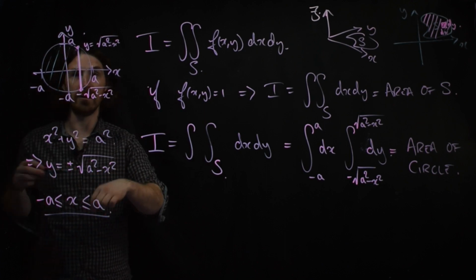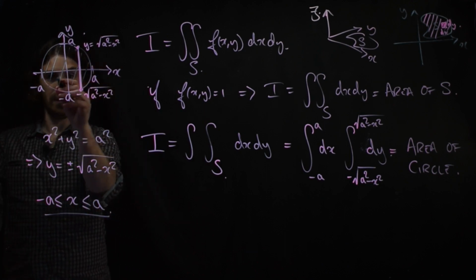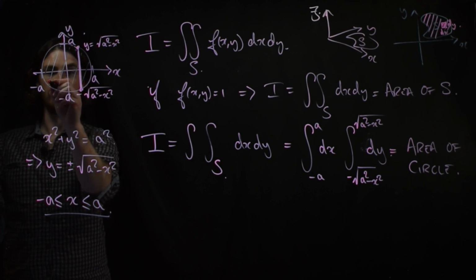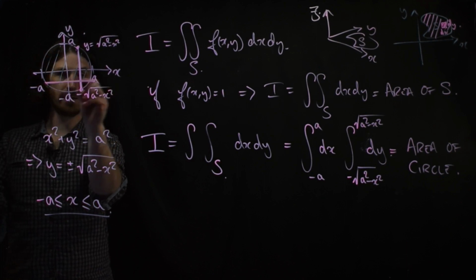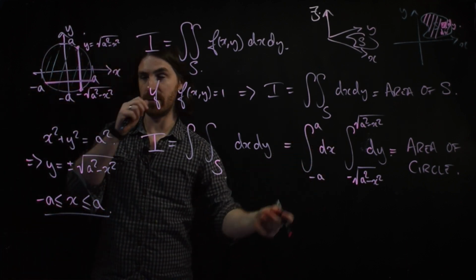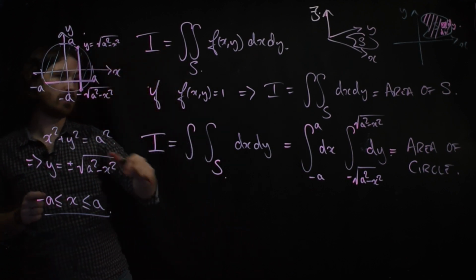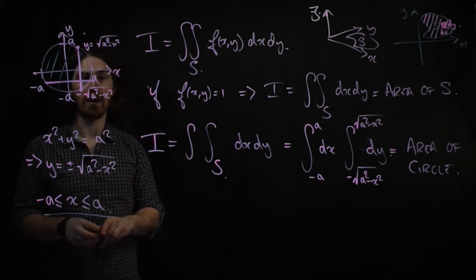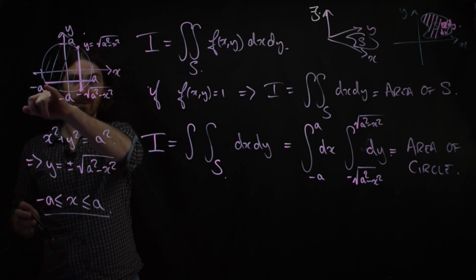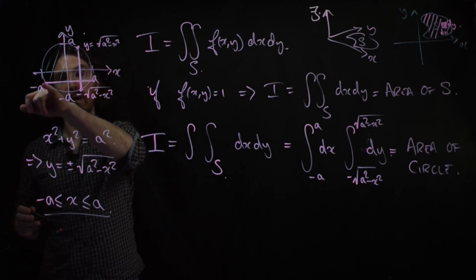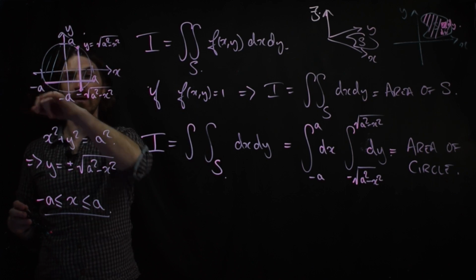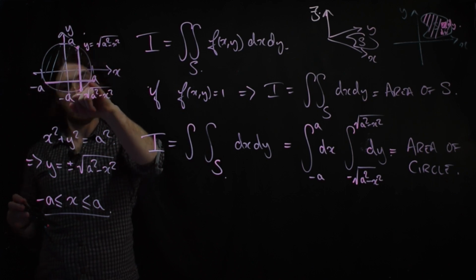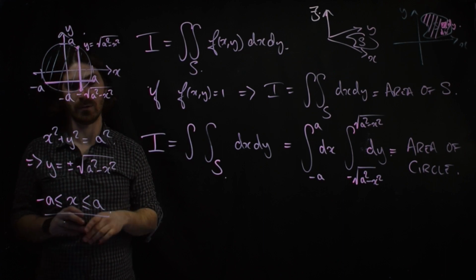You could alternatively have chosen strips that were horizontal, like this, and then for the limits, because it's a circle, everything just swaps. So it'll be x equals minus the square root of a squared minus y squared to the square root of a squared minus y squared.